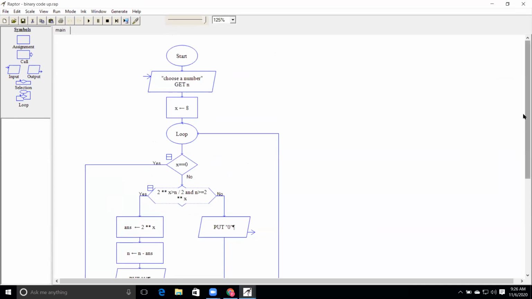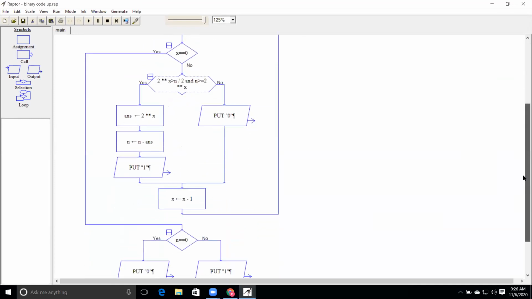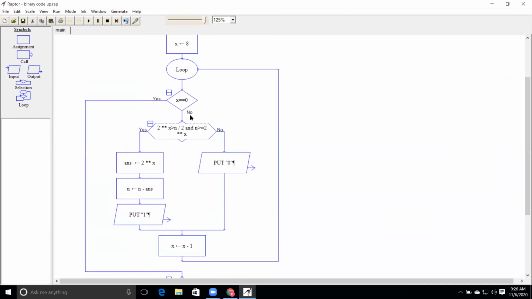Yes, sir. Actually, sir, this code starts from 2 power 8, not from 2 power 0. It comes in reverse, sir. And when it comes to it, 2 power x should be greater than n by 2, sir. Like in case you take 65, 2 power 6 is 64, and this becomes 32.5.